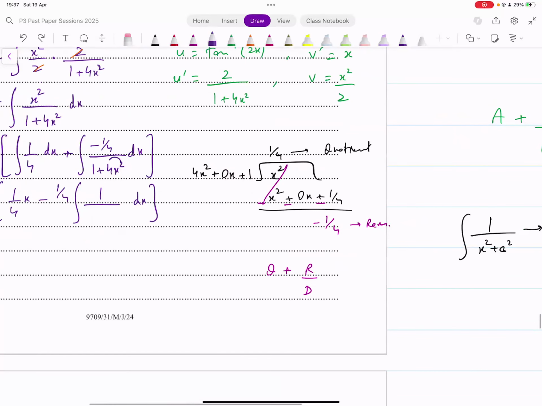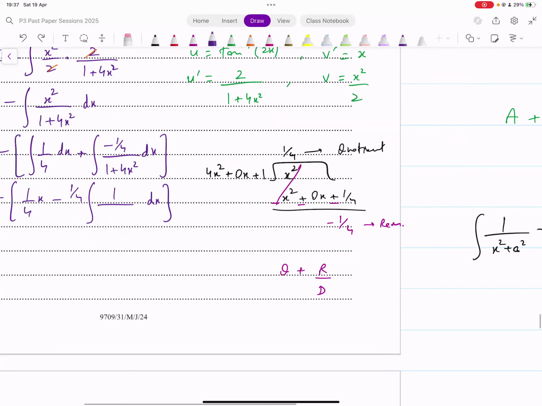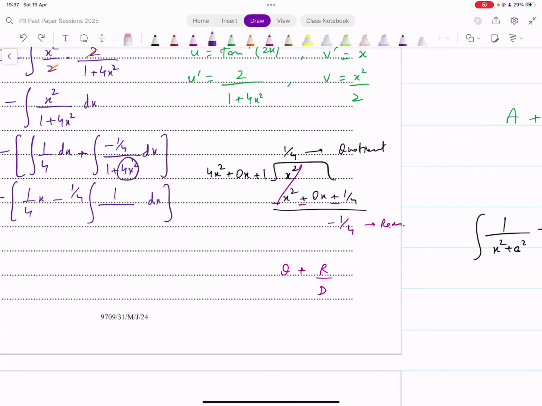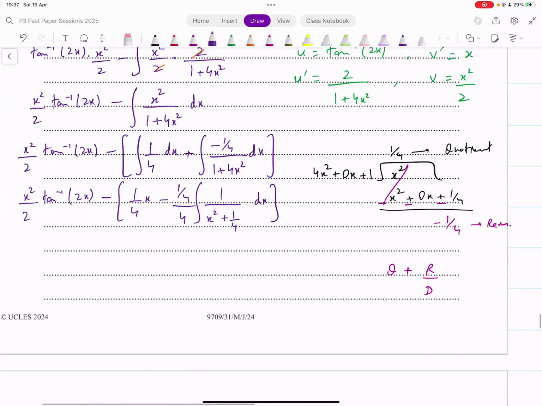We've got 4x squared here. I can take 4 common from the denominator as well, so that the coefficient of x squared becomes 1. Let's write 4 outside from the denominator as well. What does that leave us with? Take 4 common from 4x squared, that leaves us with x squared. Take 4 common from 1, that leaves us with 1 over 4. This is what it becomes.